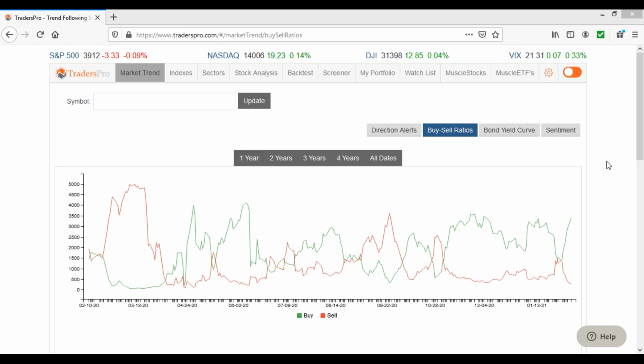Now, we have gotten more extreme, but most of the more extreme ranges were when we dealt with that big market sell-off back in the spring, and those are historic ranges there. And so this is pretty wide. We're getting pretty wide here on the buy-sell ratios. What this means, there's far more stocks that are in the buy range than sells.